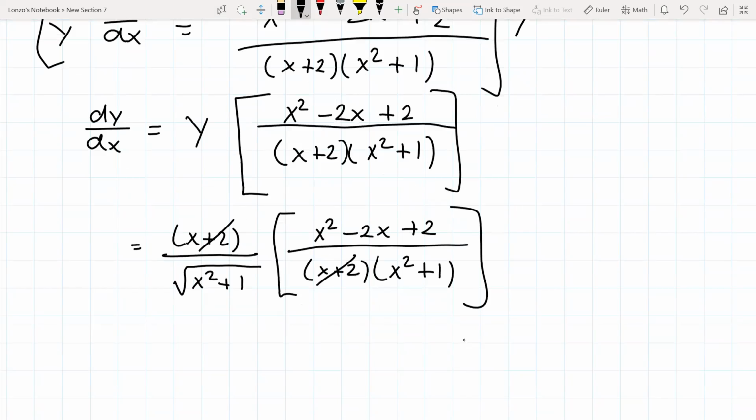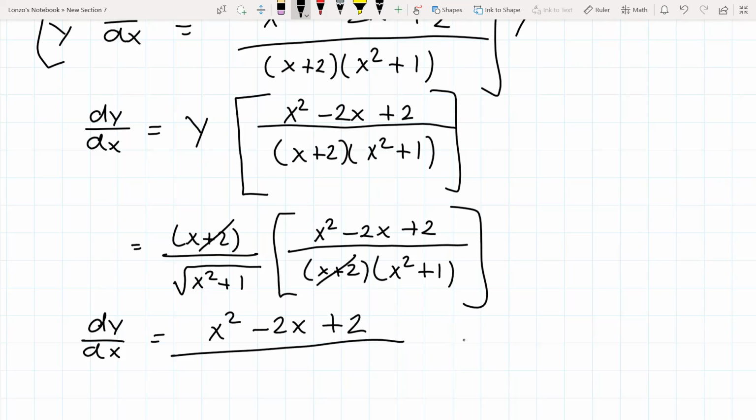And so you get dy over dx equals x squared minus 2x plus 2 over, you're left with the square root of x squared plus 1 times x squared plus 1.